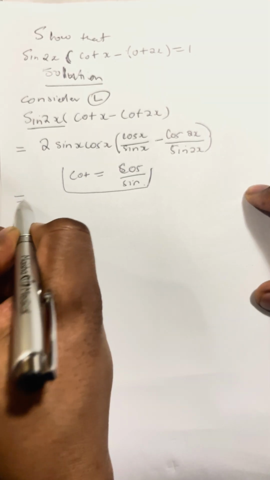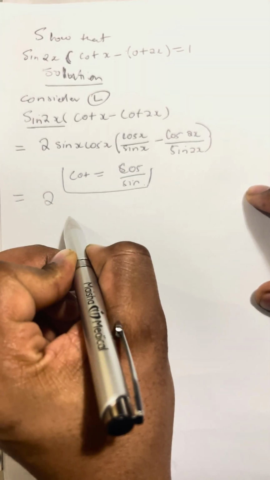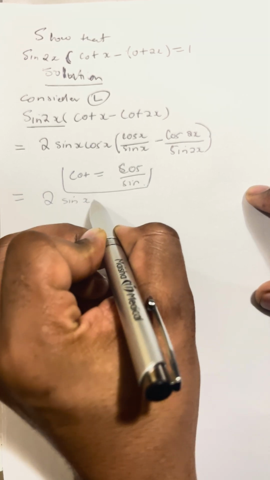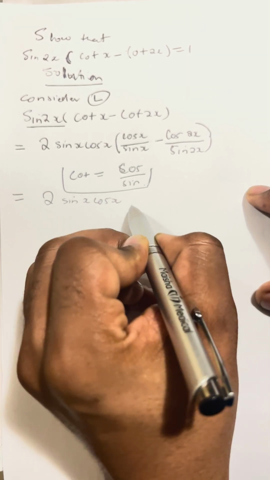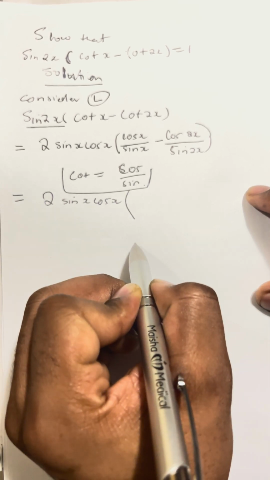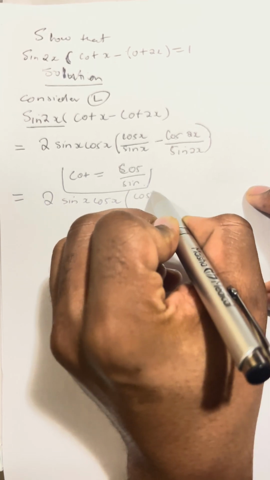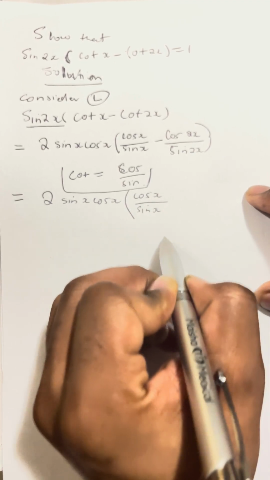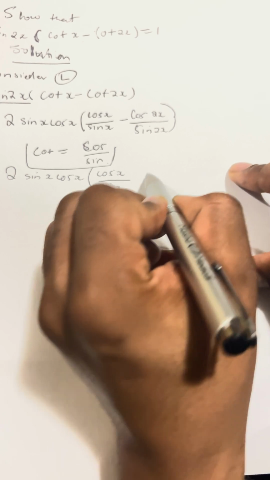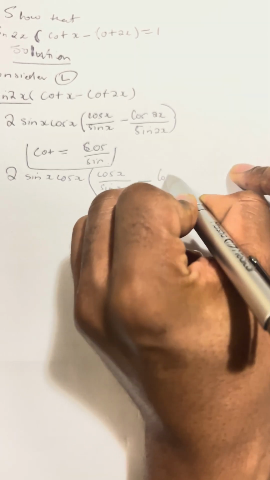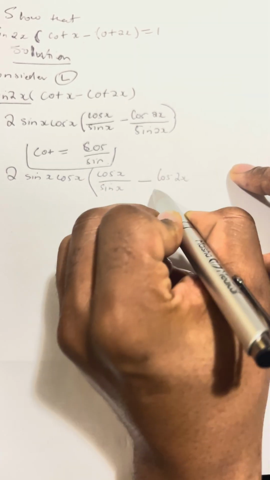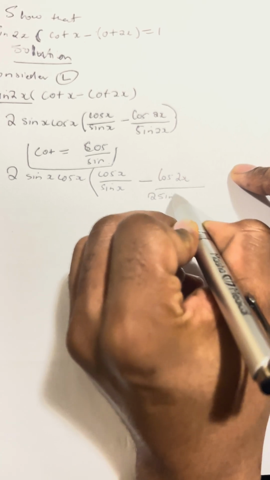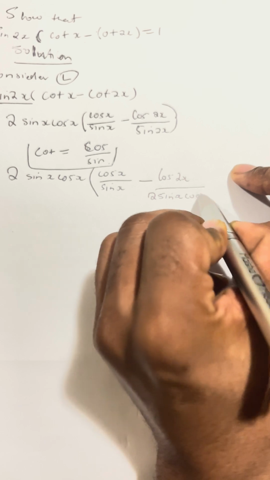Let's go further now. You say 2 sine x cos x in the bracket, cos x over sine x, minus cos 2x divided by 2 sine x cos x.